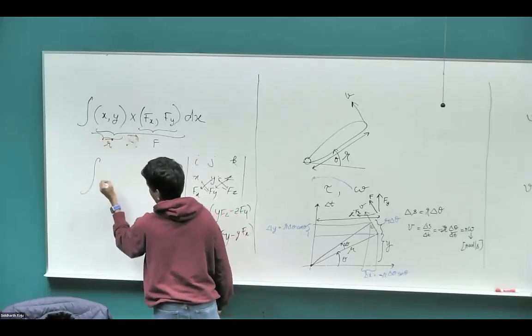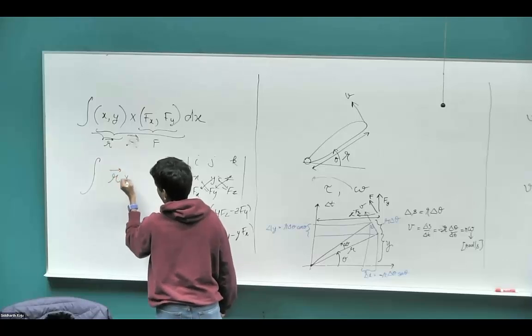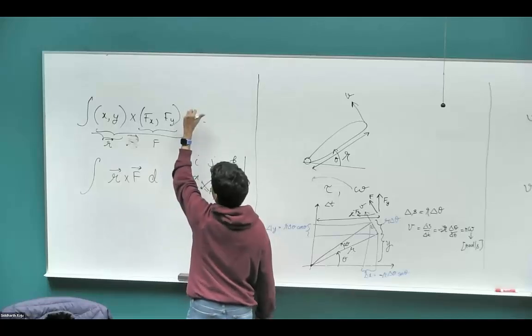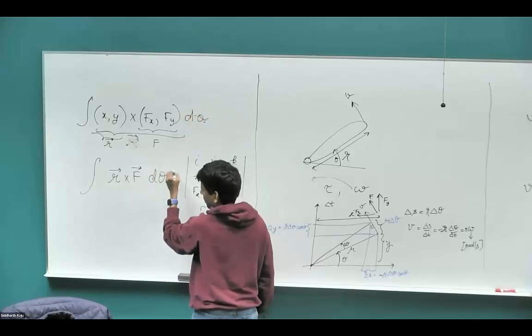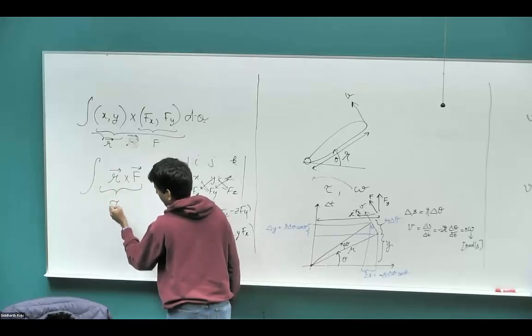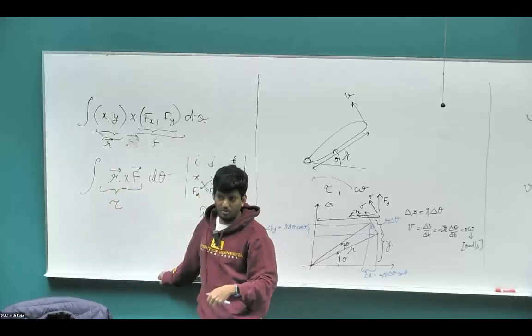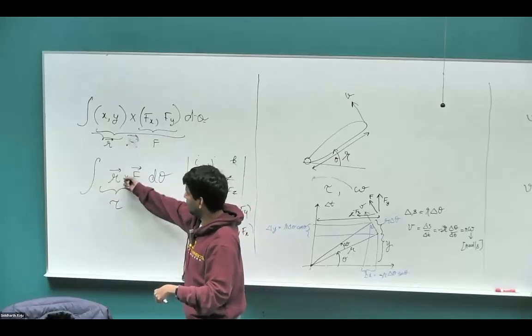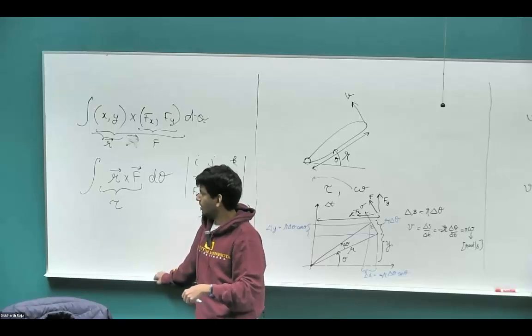So what we have is radius vector cross product the force vector times d theta. We want a nice way of representing this particular term, and we are going to define it as torque. So that's the reason torque is defined as radius times force. It's just a shorthand convention of representing it in a very simple form.